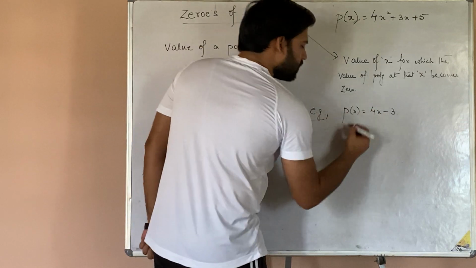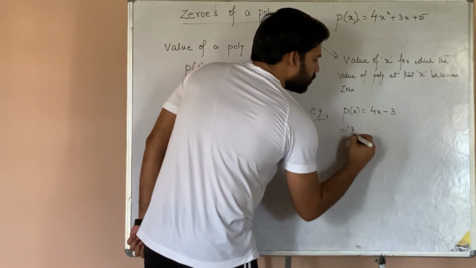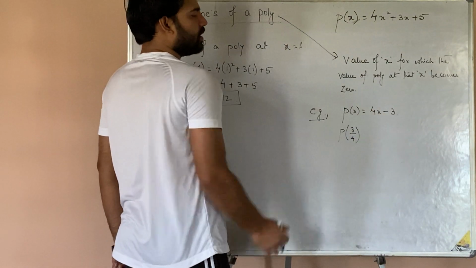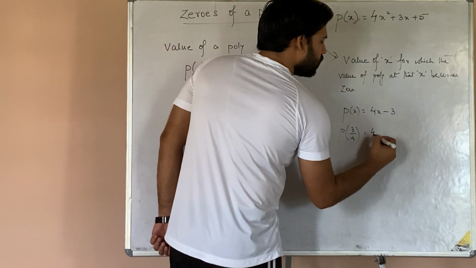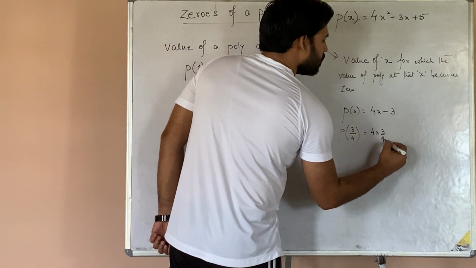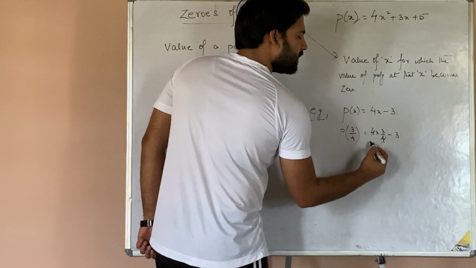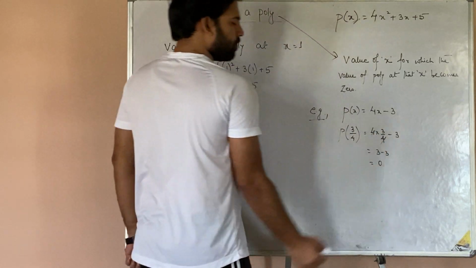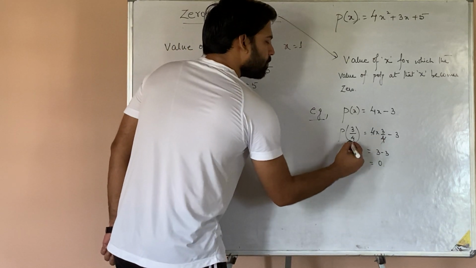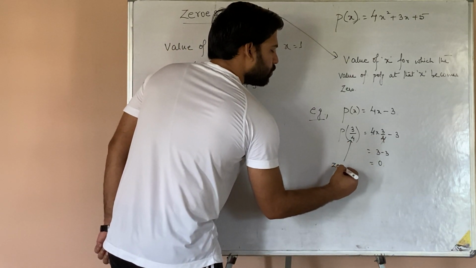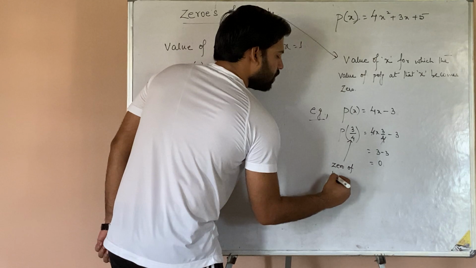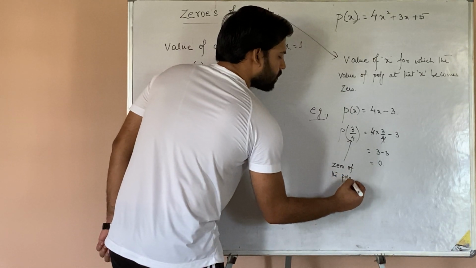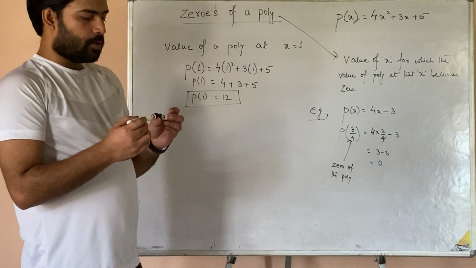So if I put 3 by 4, just check. 4 into 3 by 4 minus 3. So 4 getting cancelled, that is 3 minus 3. The answer is coming out to be 0. So this 3 by 4 is said to be the zero of the polynomial.